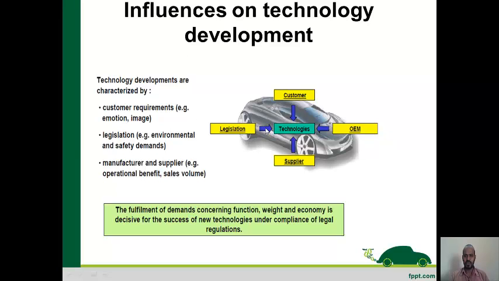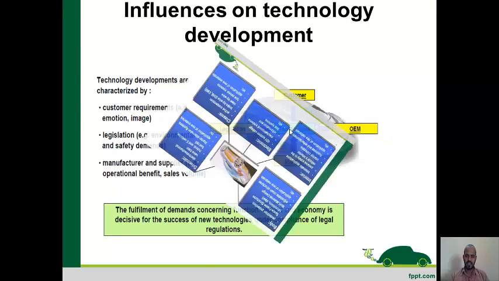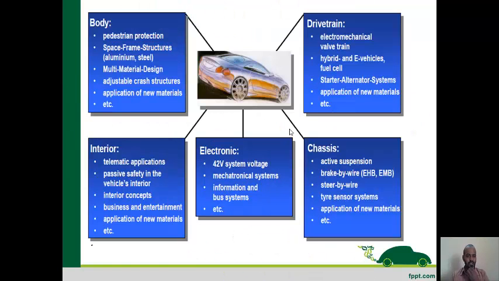All these requirements have led to new technologies being put into the vehicle, especially nowadays in the engine. These technologies have been put in different classifications. Nowadays electronic control is used in almost all parts of vehicles, starting from the drivetrain.